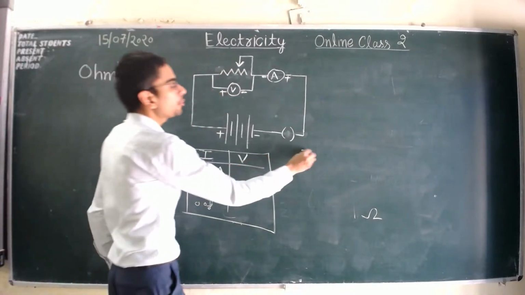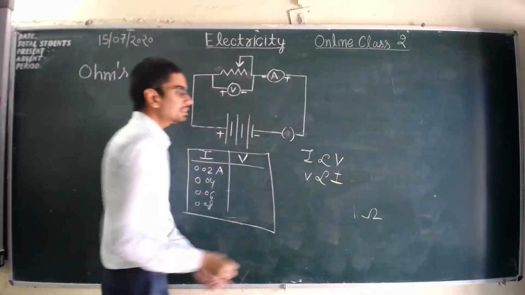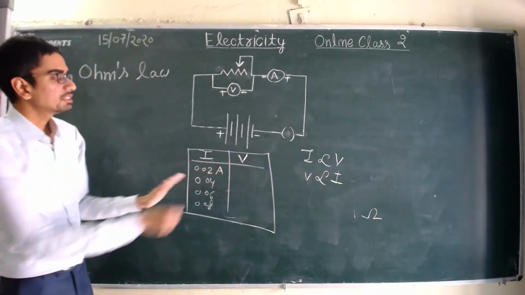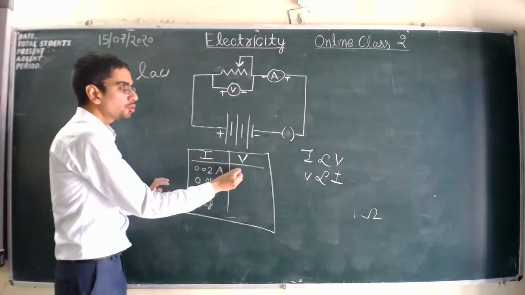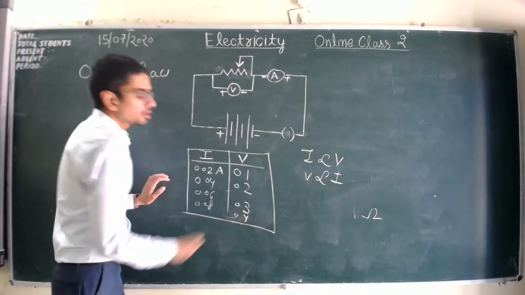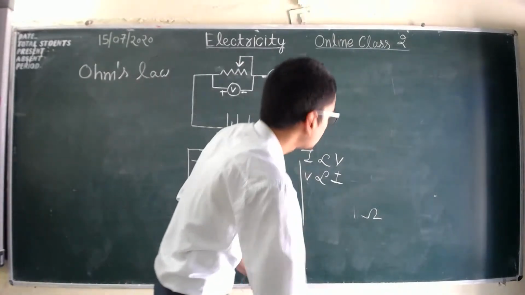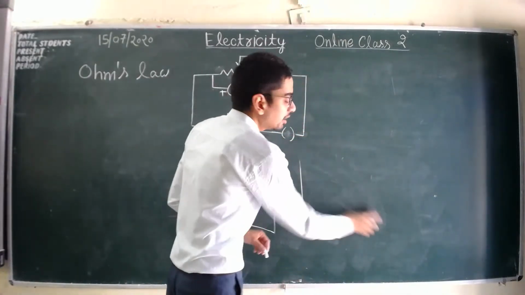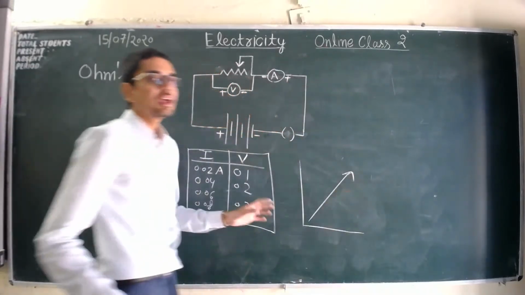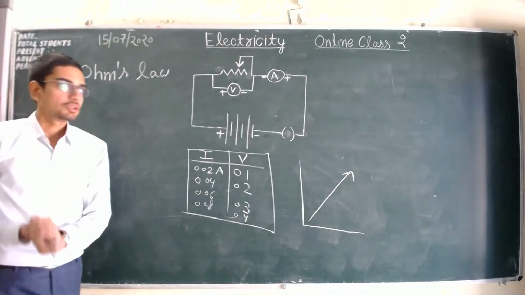I is directly proportional to V और V is directly proportional to I. तो जैसे जैसे करंट की वैल्यू इंक्रीज हो रही है, वोल्टेज is also increasing. आप साथ साथ वोल्टेज की वैल्यू नोट करते जाएंगे, and you plot a graph between V and I, वोल्टेज और करंट के बीच में ग्राफ प्लॉट करोगे, and you find out that that is a straight line, hence prove Ohm's law. That's how you prove Ohm's law.